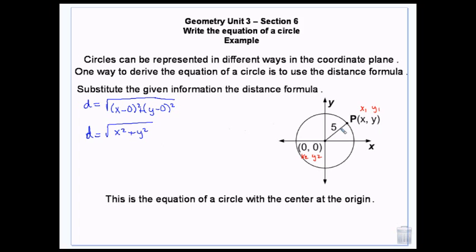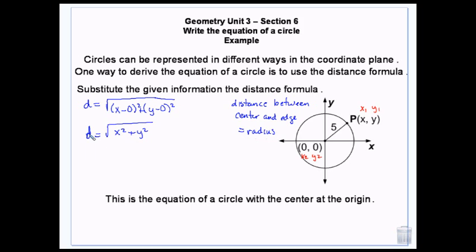So the radius is half of the distance. And the radius is 5 here, right? We're not going to worry about that. So the distance between the center and the edge is the radius.